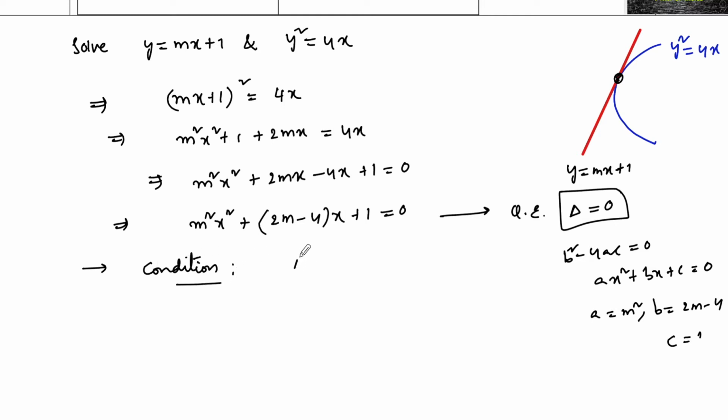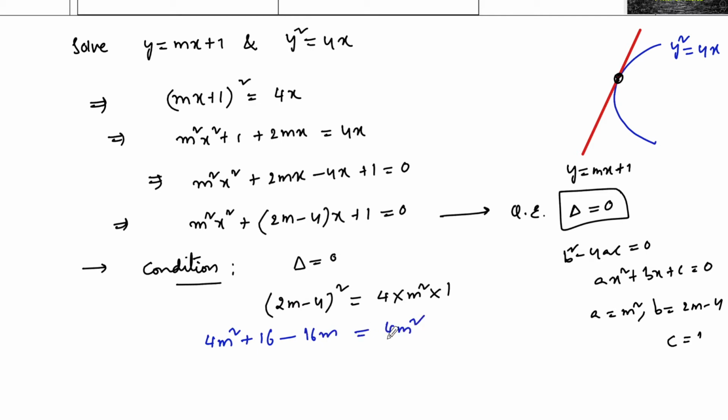So the condition delta is equal to 0, that is b square, (2m minus 4) whole square, which is equal to 4 into m square into 1. So on simplifying, (2m) whole square, that's 4m square, plus 16 minus, so we can write 2 2s are 4, 4 2 4 is 16m, is equal to 4m square.